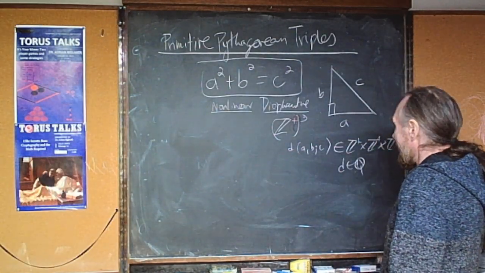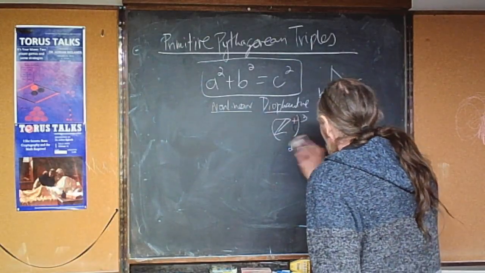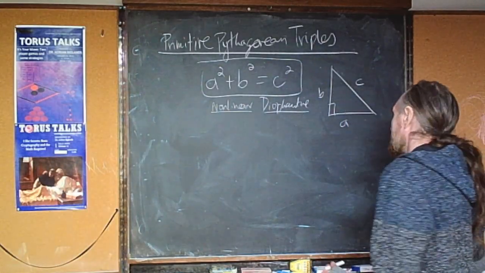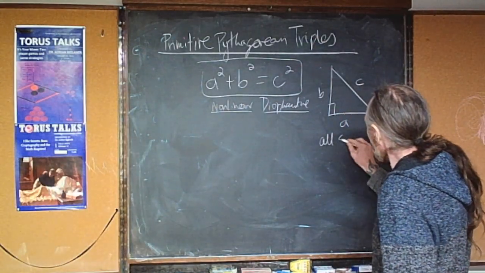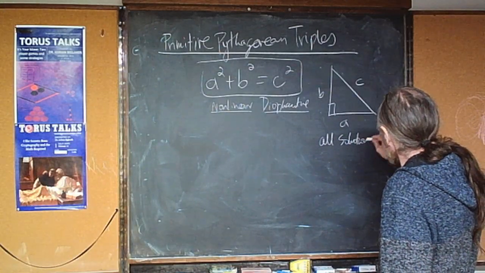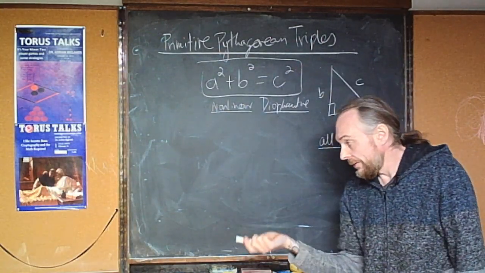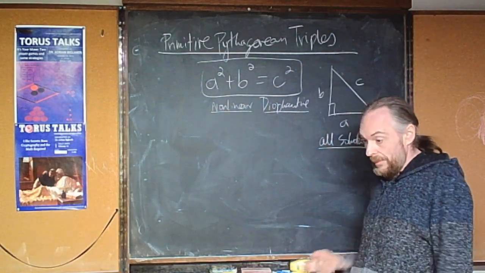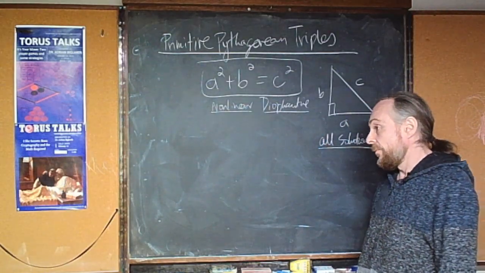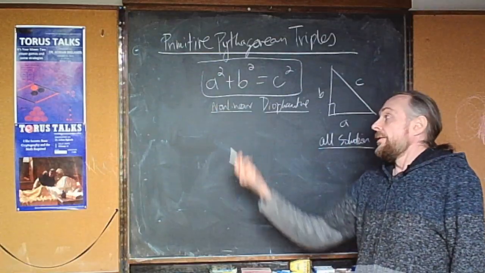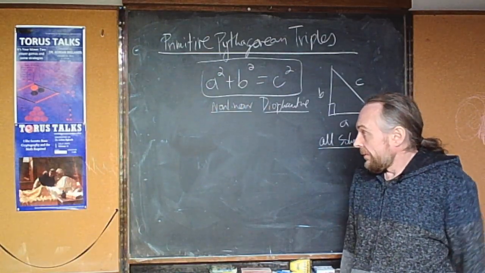So what that means is we're looking for all the solutions. We don't want to miss any. Last time we showed a clever algorithm for starting with any positive integer larger than 1 that's odd, and we can find infinitely many Pythagorean triples.